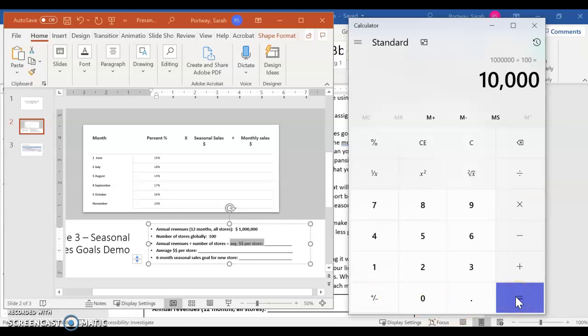This is just to get a rough estimate. So that means that on average, each store is selling about $10,000 per year, right? That's not a lot. So just keep that in mind. Your stores are probably all selling many millions. $10,000 a year is not going to keep you in business.